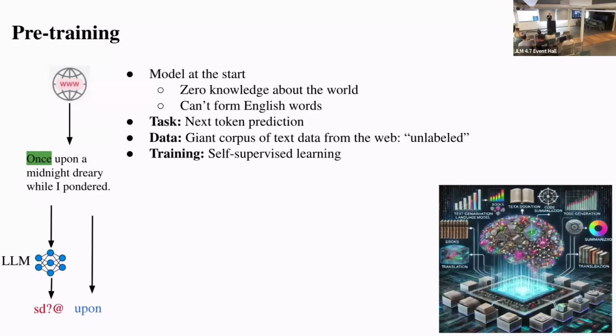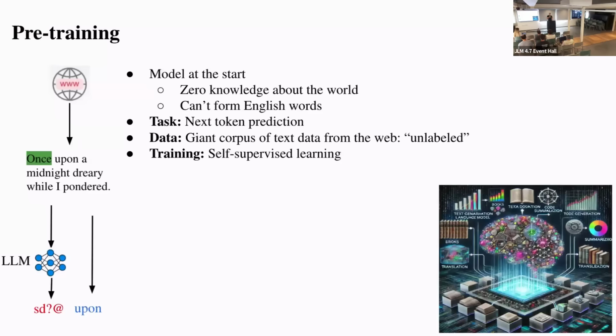These models are usually trained on the task of next token prediction, using a giant corpus of unlabeled text data from the web. This training objective is often called self-supervised learning, because we don't need to label the data. The model can just utilize the huge amount of text data on the web and supervise itself for this task.